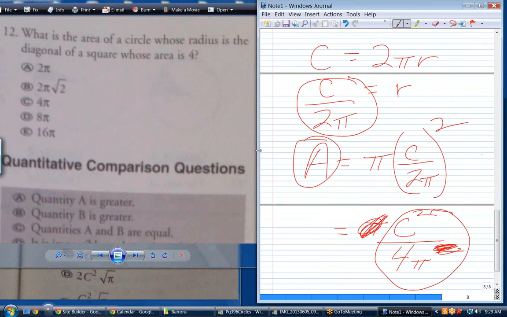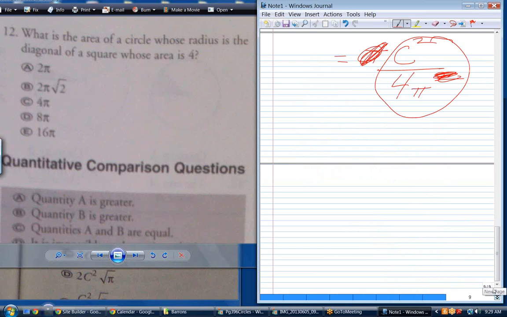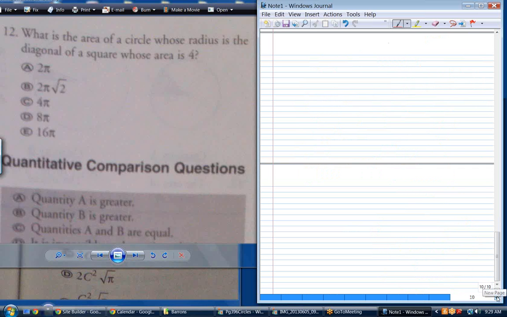So what is the area of a circle whose radius is the diagonal of a square whose area is 4? That one would be 4 pi. Okay, so let's see. The side of the square is 2.